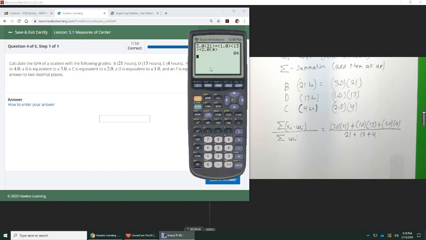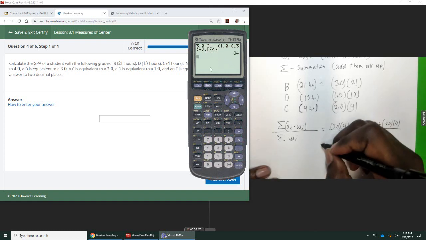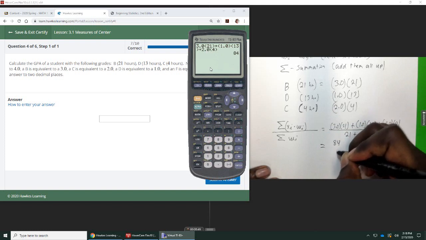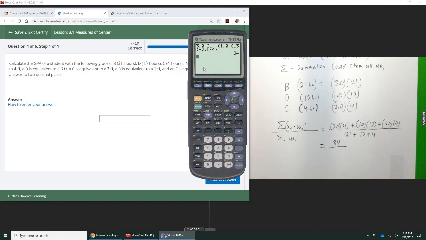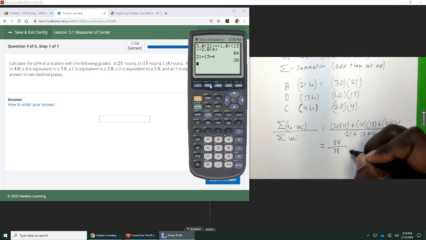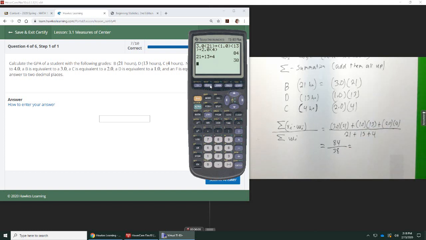3.0, 21, 1.0, 13, and then 2.0 and 4. Once you have it all in, the top of this expression is 84. The bottom, when we add up all the hours, 21, 13, and 4, we get 38. And then we're going to do 84 divided by 38.